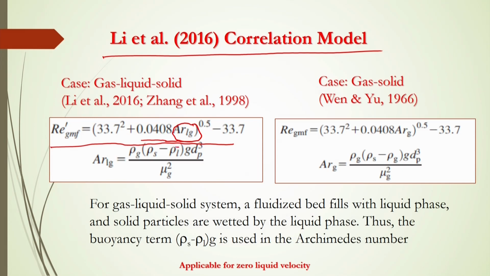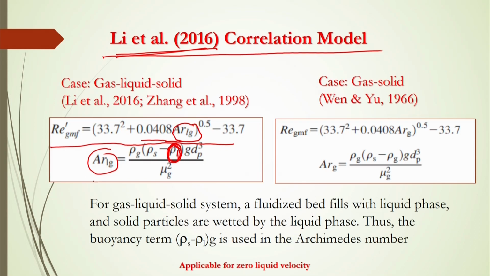So, here this is the definition of this Archimedes number, here we will see that only if we consider the gas and solid system, the density of the gas here will be considered, whereas in liquid and solid system if we use the same concept, then as per Lee et al. it is defined as rho L instead of rho G.